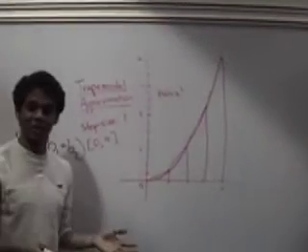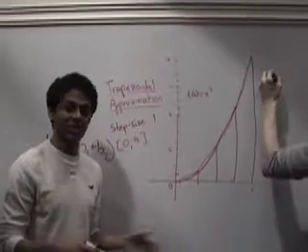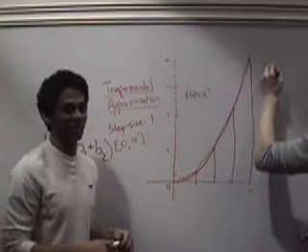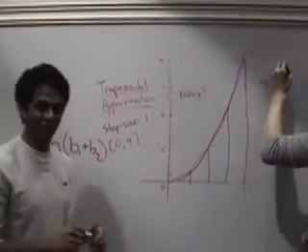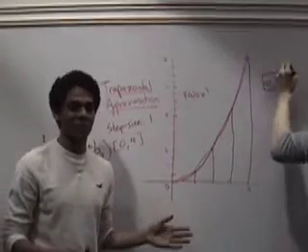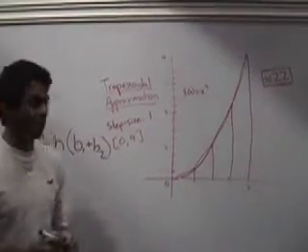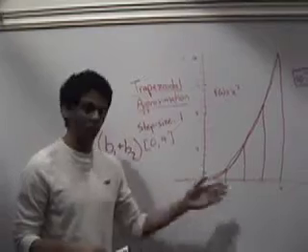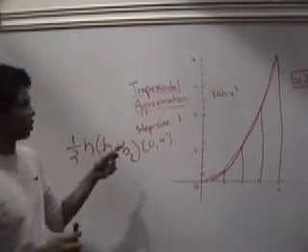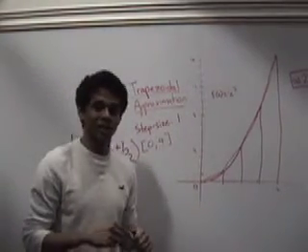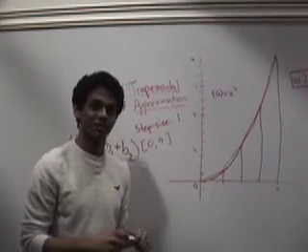The sum of them is 44 halves, which is also 22. Therefore, we can say that the trapezoidal approximation over the interval of 0 through 4 with a step size of 1 gives us the approximation 22.